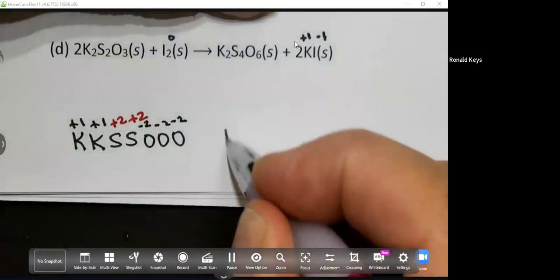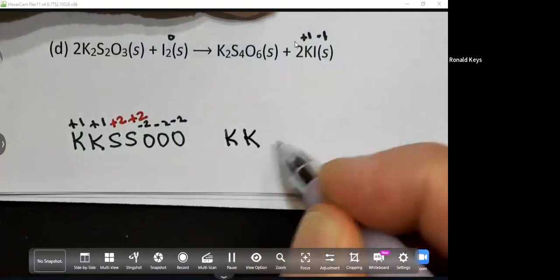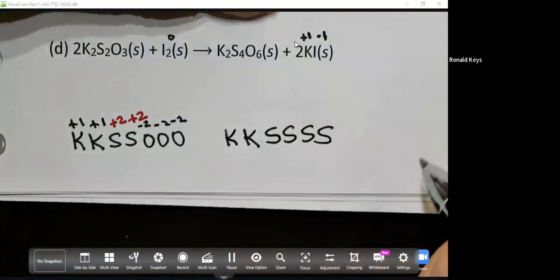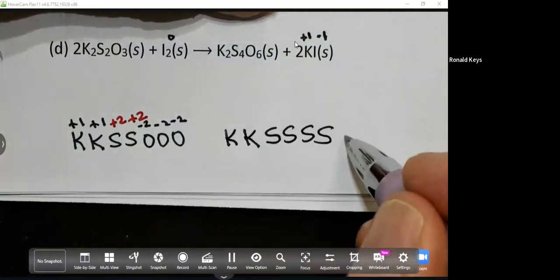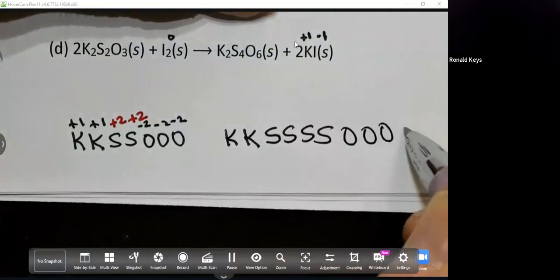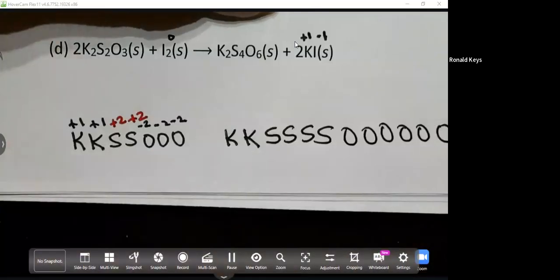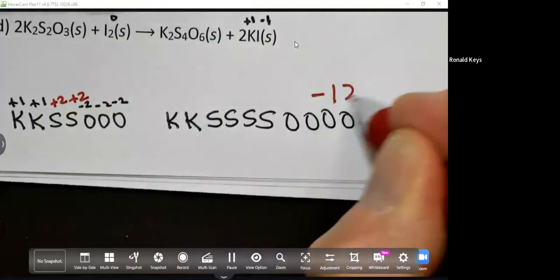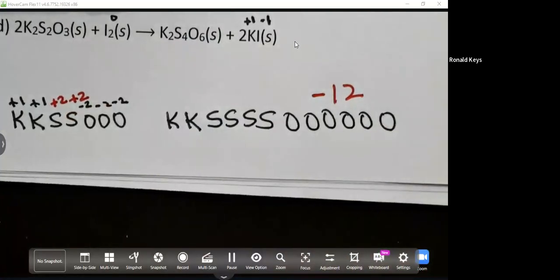This one, we've got K, we've got S, S, S, S. Oh, 2, 3, 4, 5, 6. Wow. Put a -12 up there for those 6 oxides.